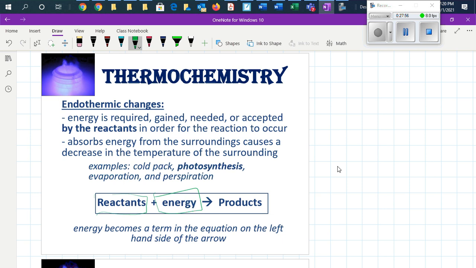Now, how do we know? This is impossible to prove. However, for the first law of thermodynamics, the total energy contained in the universe is constant, and we see the change.